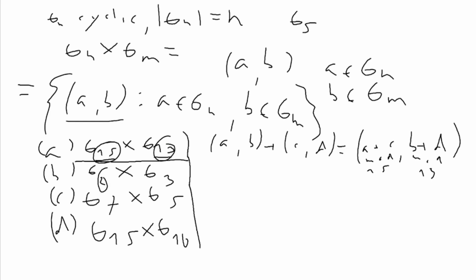So these two, 15 and 13, are co-prime. 2 and 3 are also co-prime, meaning they have no common divisor higher than 1. 7 and 5 are also co-prime. But 15 and 10, well, they have a common divisor of 1, but also of 5. So they are not co-prime. So G15 by G10 will not work.